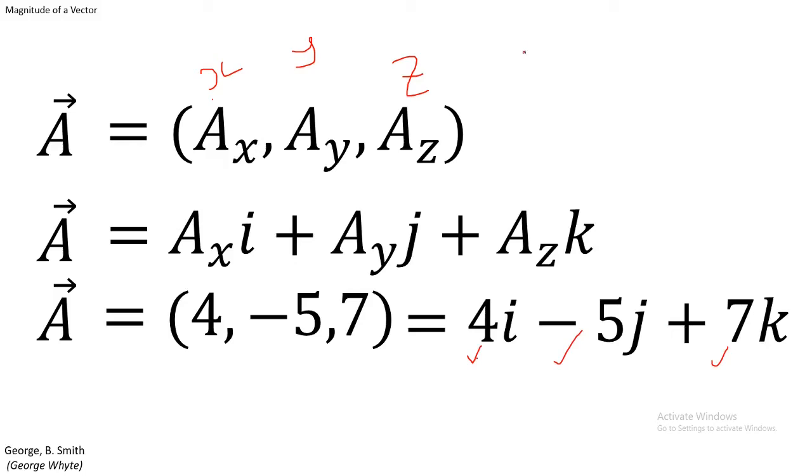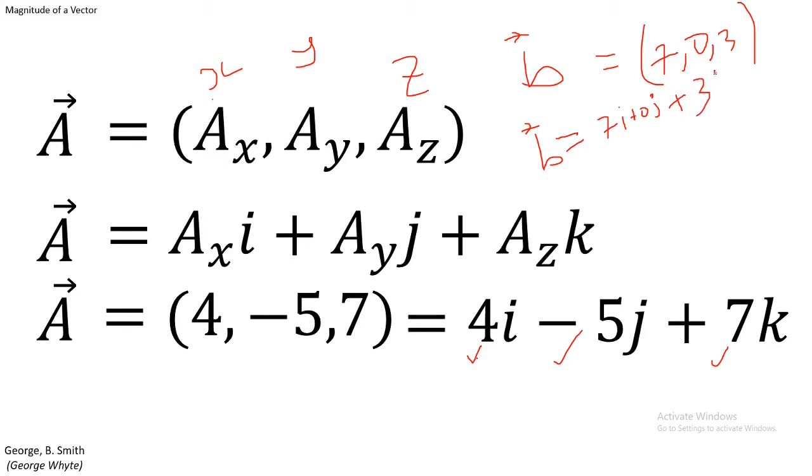Let's say I have another example. I have b, and b is equal to (7, 0, 3). Since b is in this form, I can express it in terms of the unit vector, and I'm going to have 7i plus 0j, and you can understand that plus 0j can be removed, and then plus 3k.